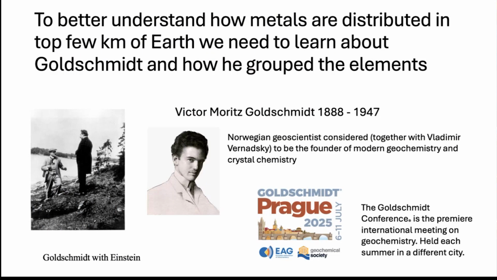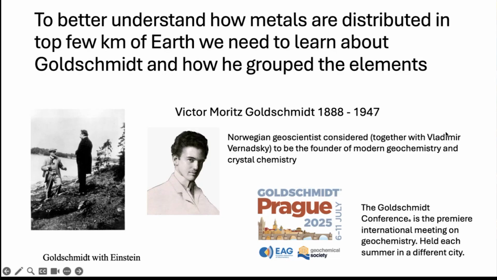All right, now let's try and understand better how these things are distributed in the top few kilometers of the earth. So we need to learn about Goldschmidt and how he grouped the elements. So Victor Moritz Goldschmidt, handsome dude there, full head of hair, obviously young man.